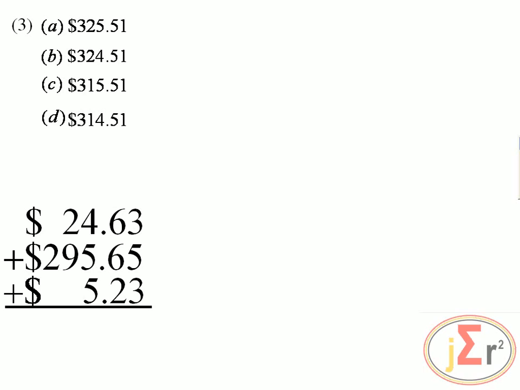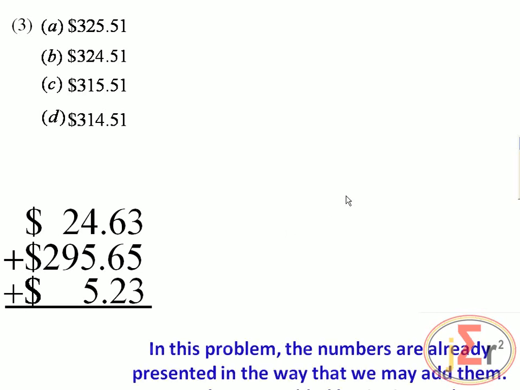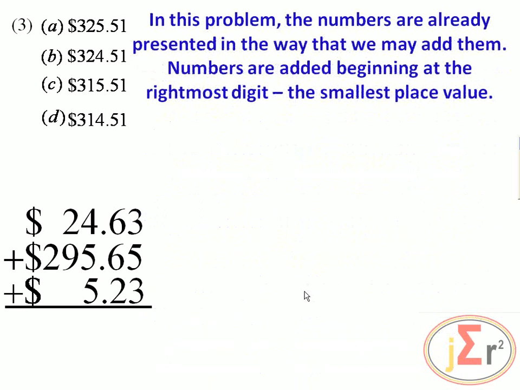All of that was done for us already. So what do we need to do in this particular case again, Jerry? Add. And we have those addition signs telling us that we need to add. In this problem, the numbers are already presented in the way that we may add them.